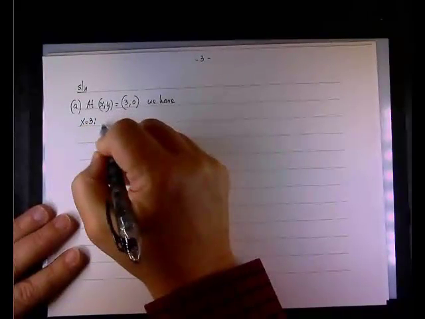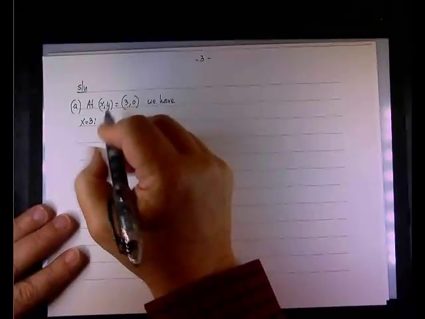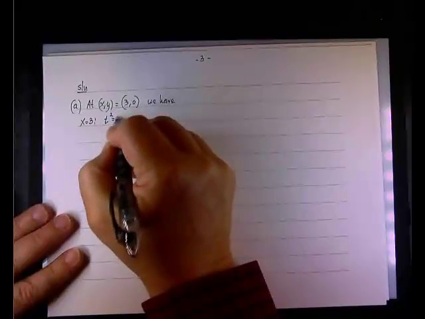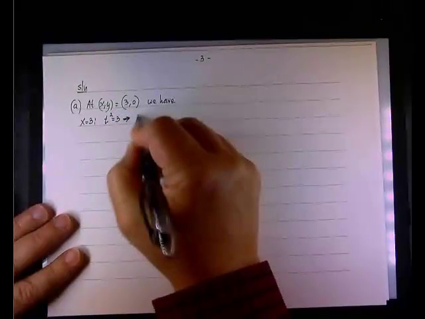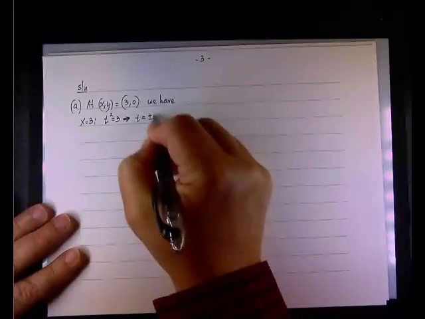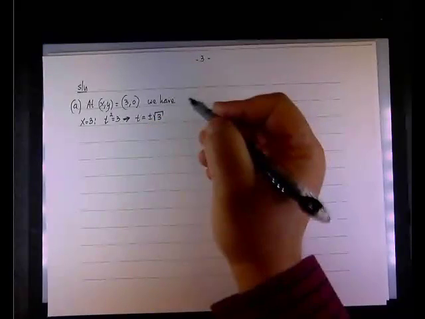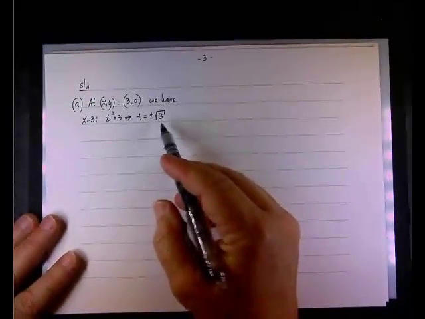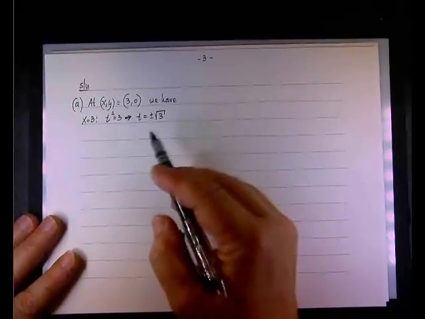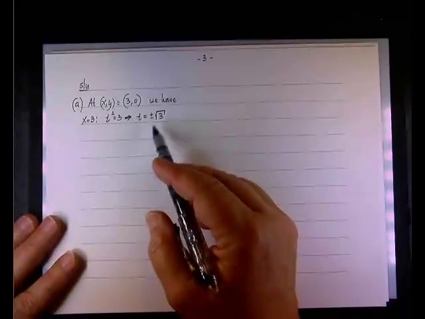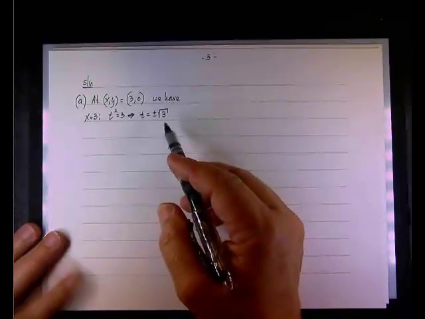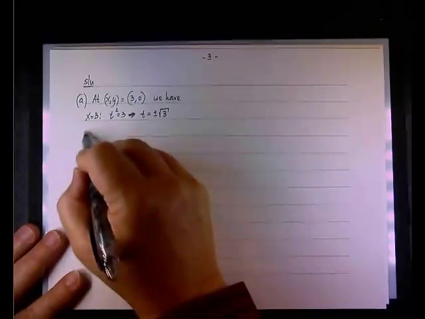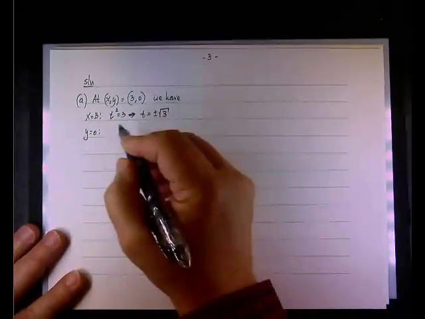For instance, when x equals 3, since x equals t squared, then t squared equals 3, and therefore t equals plus or minus square root of 3. That by itself is sufficient to show you that there are going to be two tangents. One corresponds to t equals square root of 3, and the other corresponds to t equals negative square root of 3.